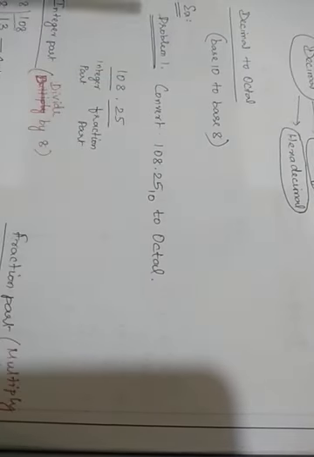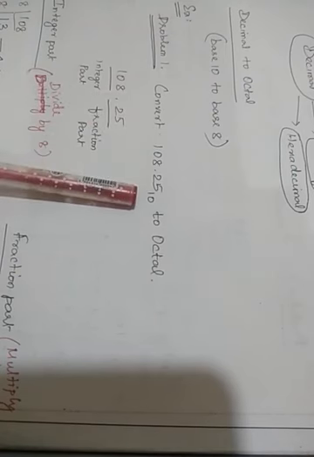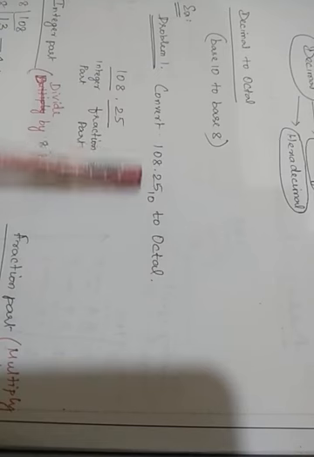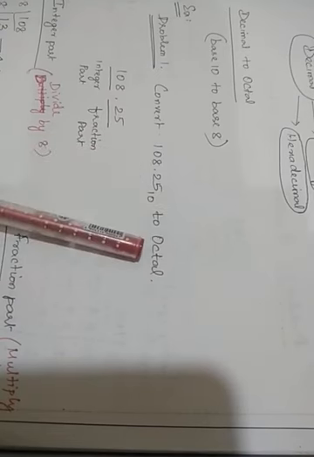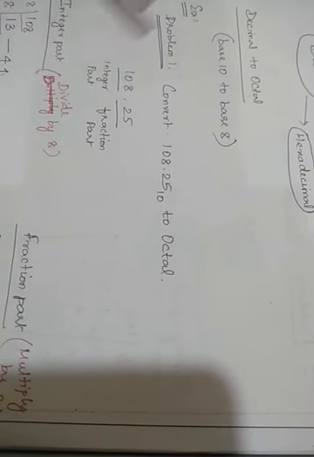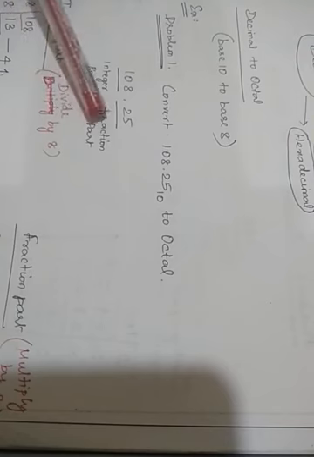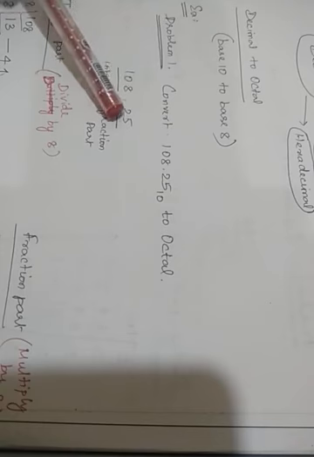We'll take a problem: convert 108.25 from base 10 to octal. The given number is a decimal number, and we should convert it into octal. First we take the integer part and the fraction part. Integer part means before the decimal point, fraction part means after the decimal point.